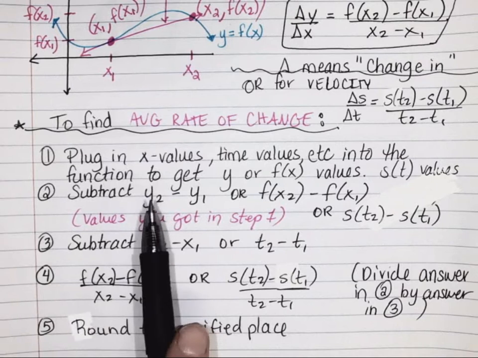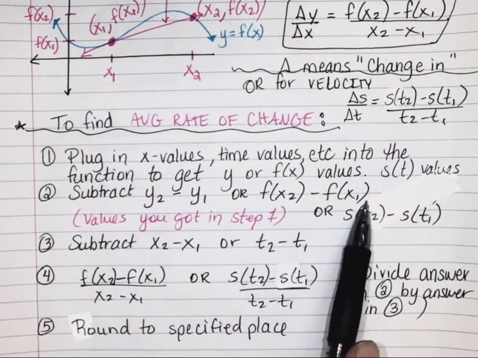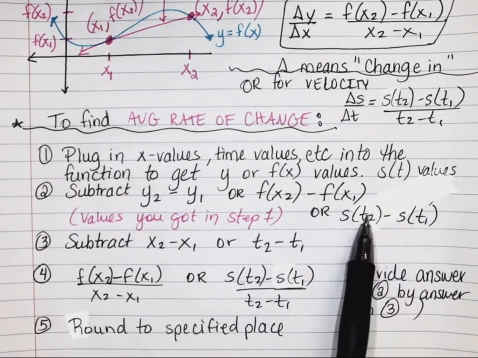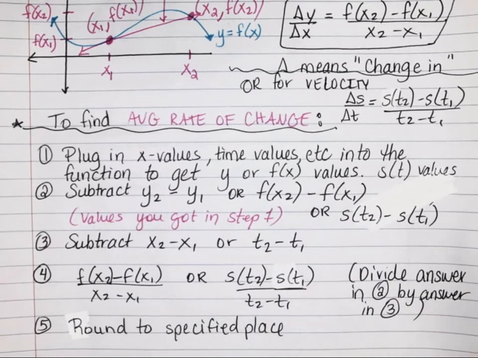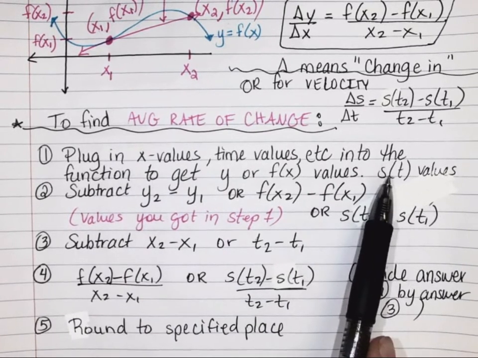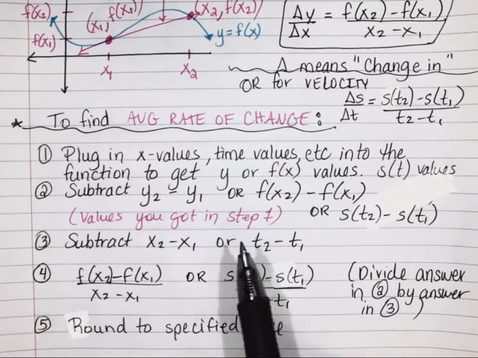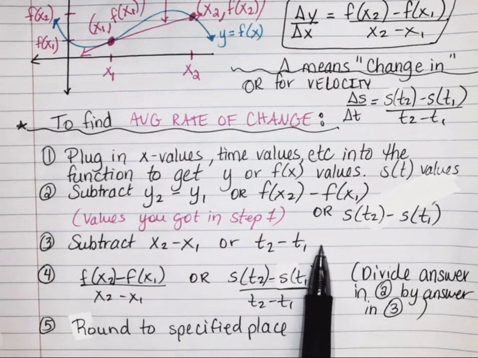Then you're going to subtract y2 minus y1 or your f of x2 minus f of x1, or if you're dealing with velocity, any of those 3, which really all mean the same thing, on top. So whatever you get at number 1, when you plug in, you're going to subtract those 2 values on the top. You're going to subtract x2 minus x1 or your time values on the bottom.